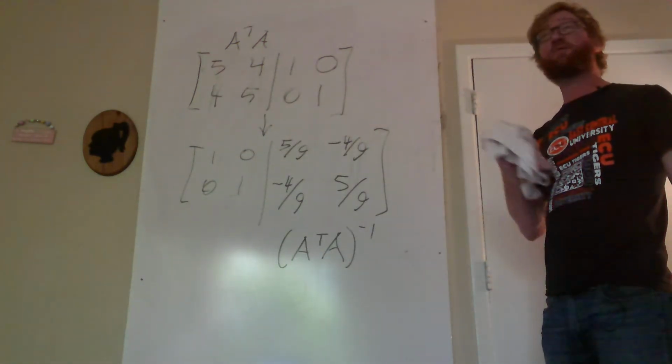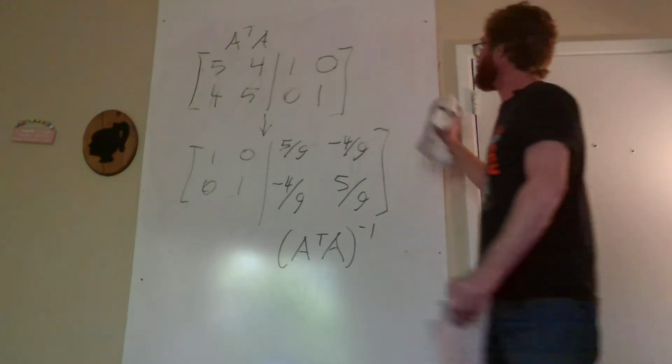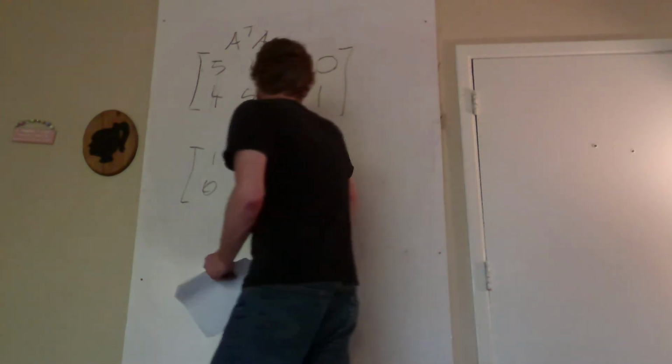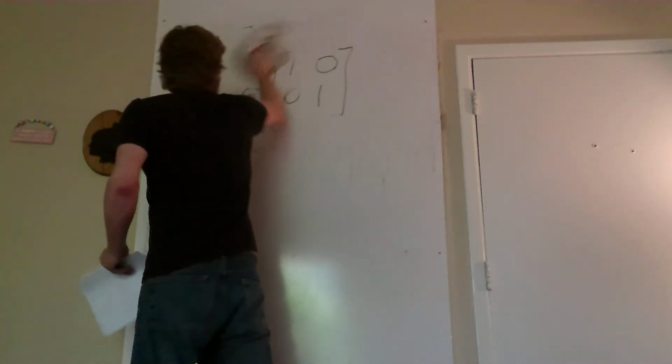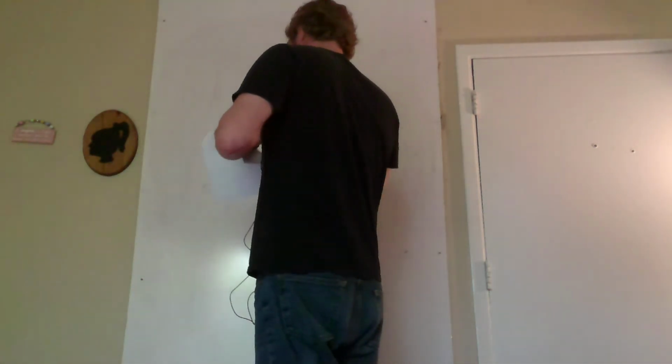Great, so we found this guy's inverse. Now let's do A multiplied by this, then multiplied by A transpose. So we have 2, 0, 1, 1, 0, 2.